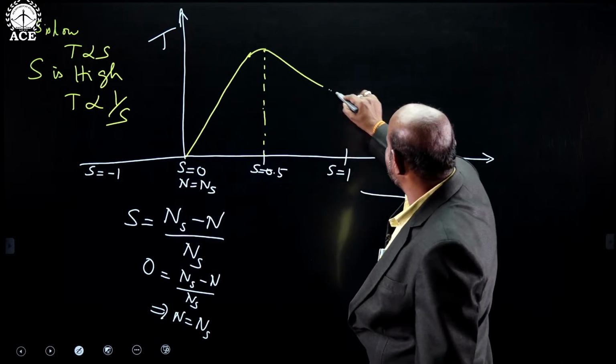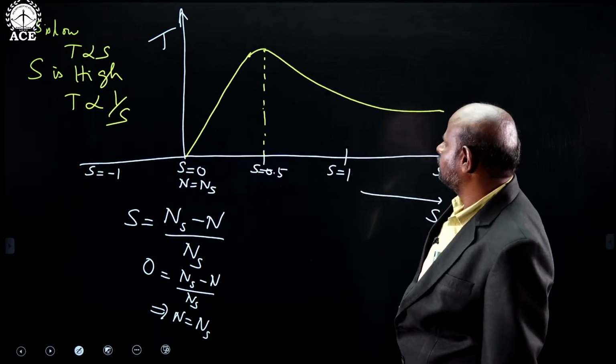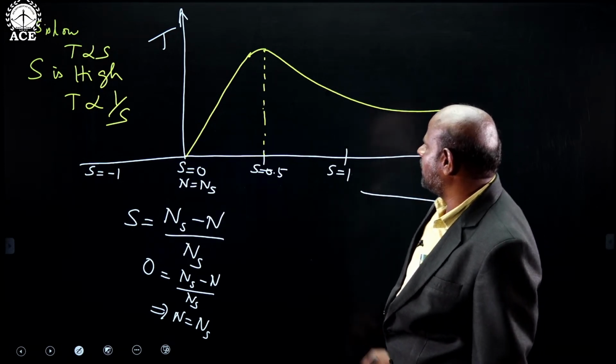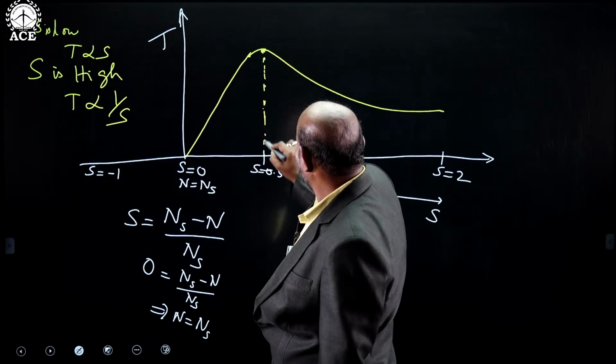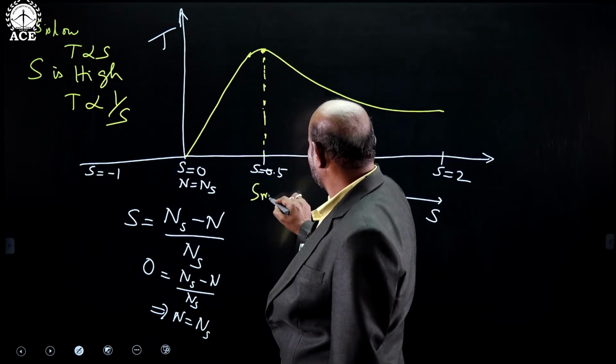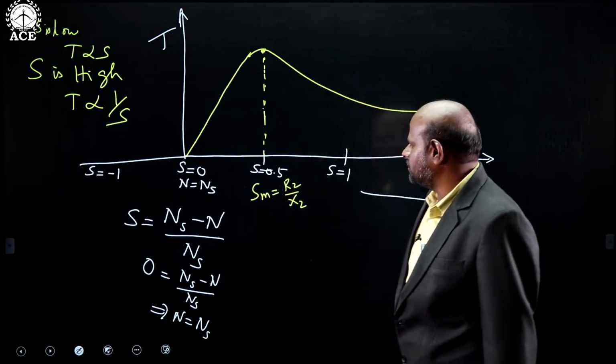So torque decreases. And the maximum torque will occur at the slip S max, which is nothing but R2 by X2.